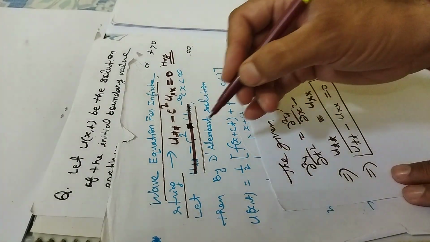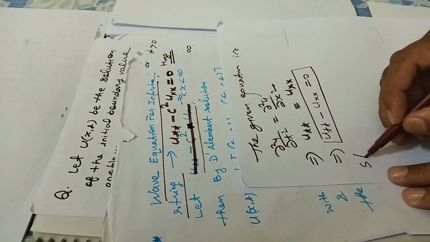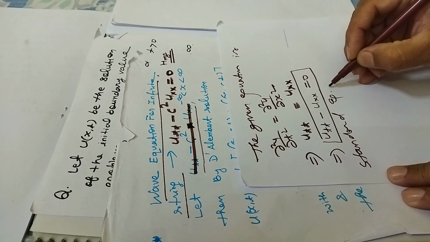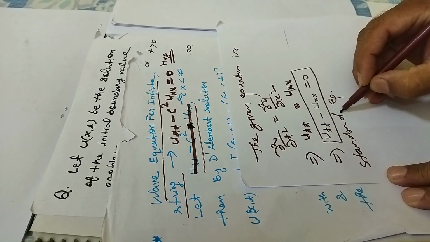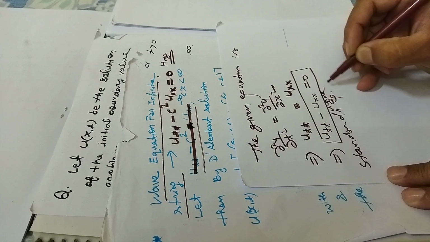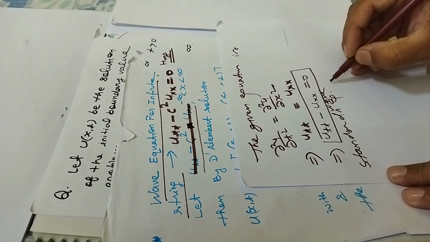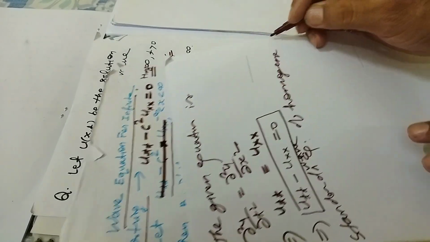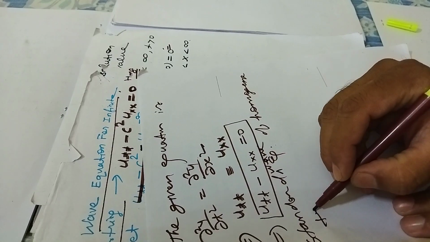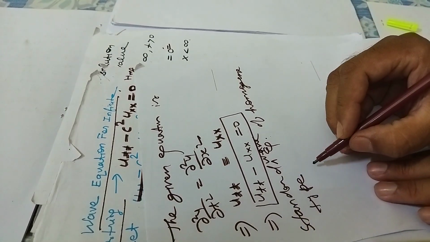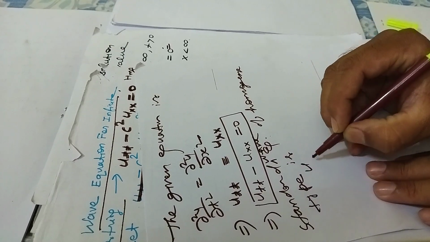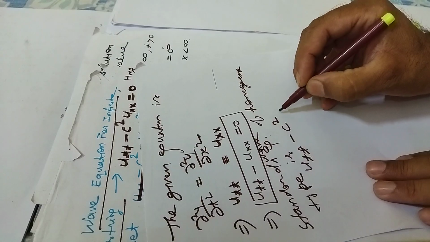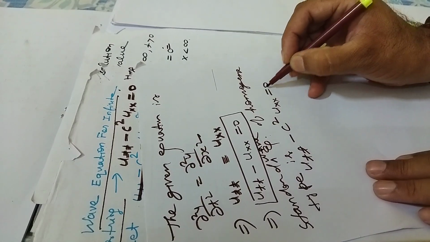Okay, so we compare the given equation to the standard equation. The standard wave equation of homogeneous type is u_tt minus c square u_xx is equal to 0.